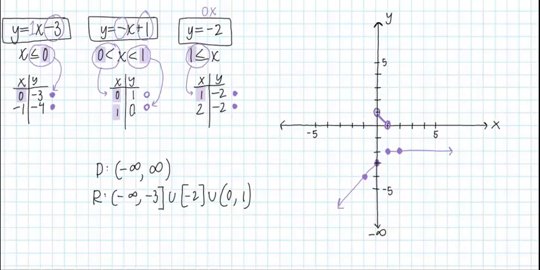For me, especially when it's more than just 2 pieces, making the table is a lot better method than doing the whole line and erasing. But that's up to you. If you like to draw the whole line and then erase, that's fine too. But like I said, when it's more than 2 pieces, this method of making the tables and organizing my work like this is very helpful. So hopefully it works for you too.